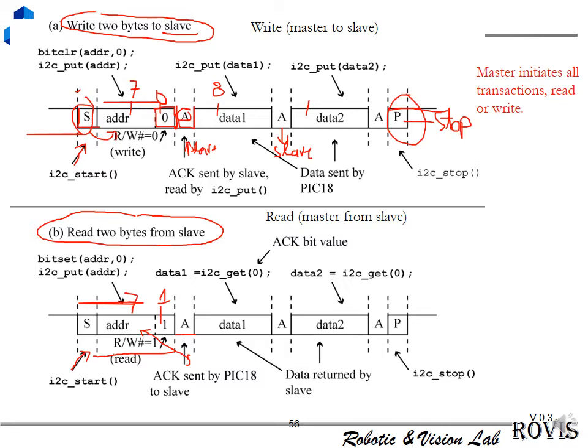Then the slave transmits the data, and then the master sends the acknowledgement to the slave, and then the slave transmits the data again.